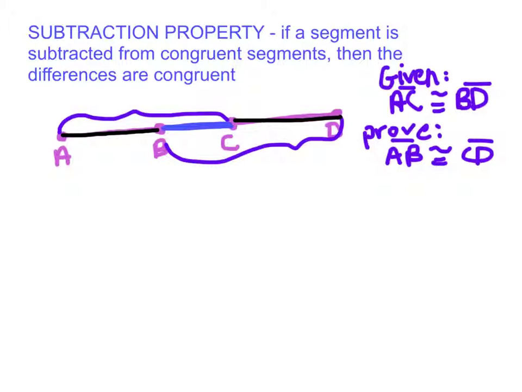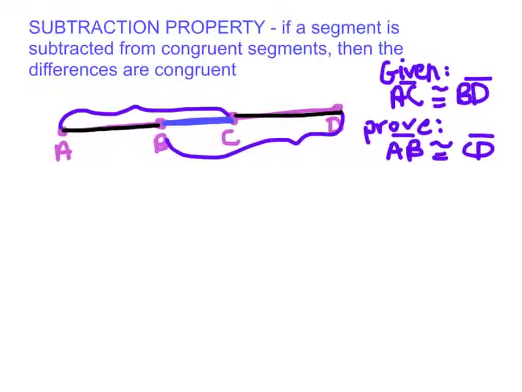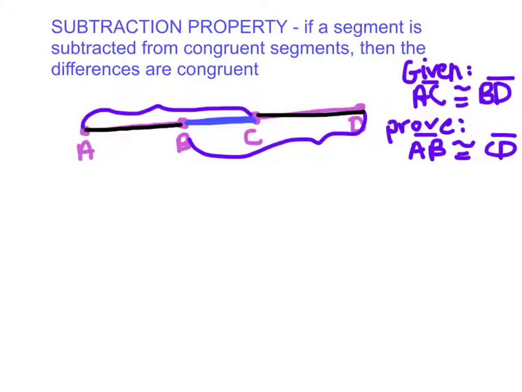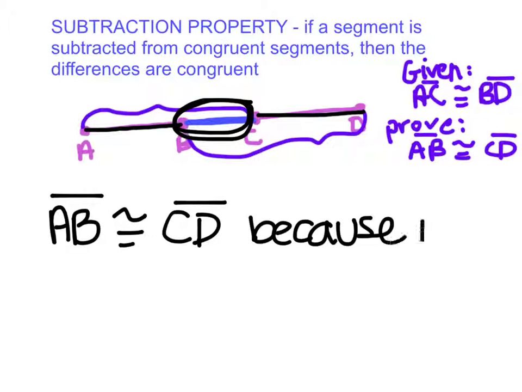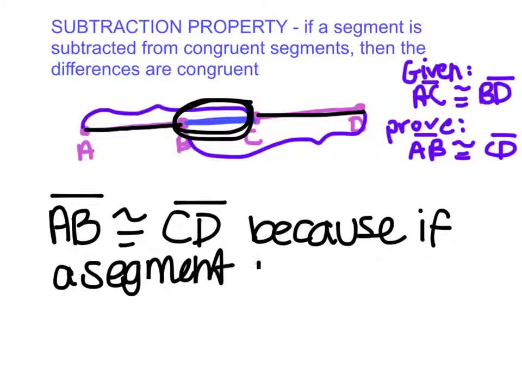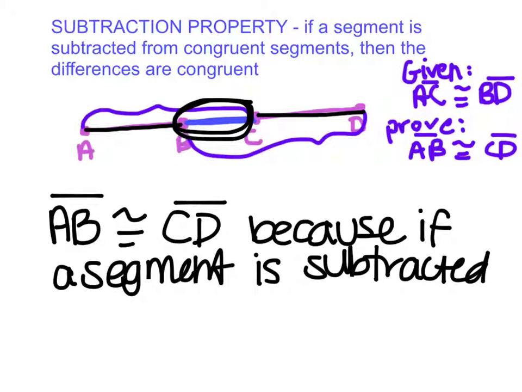And by the subtraction property, because I have subtracted this segment BC, then I can conclude segment AB is congruent to CD, because if a segment is subtracted from congruent segments, then the differences are congruent.